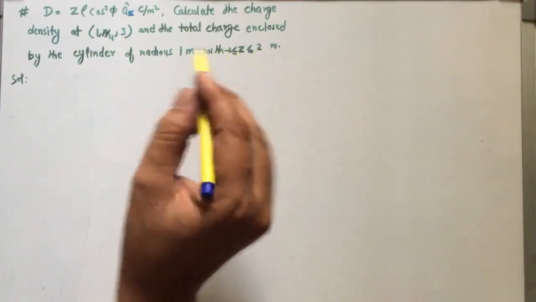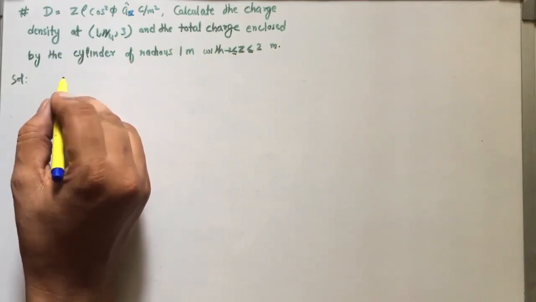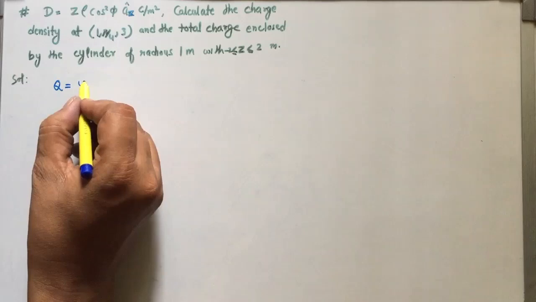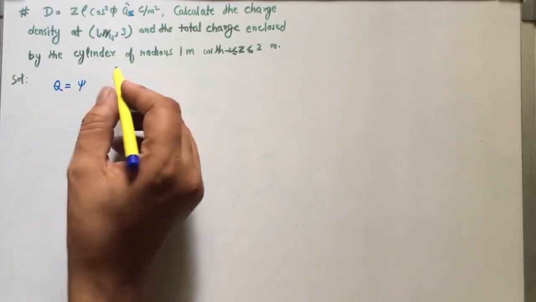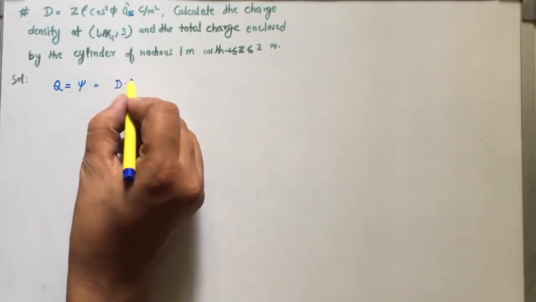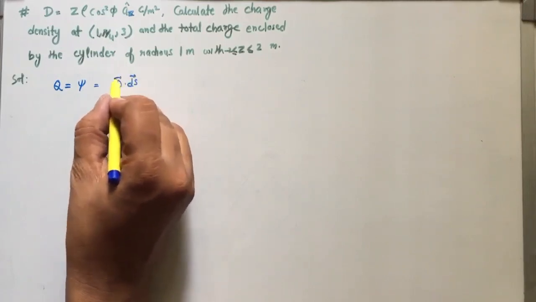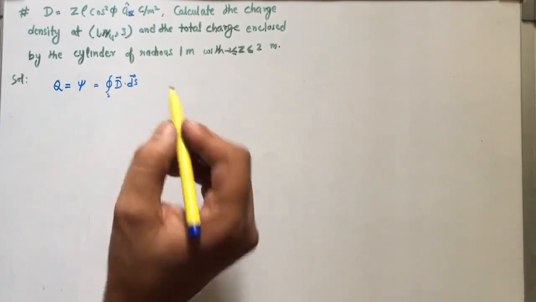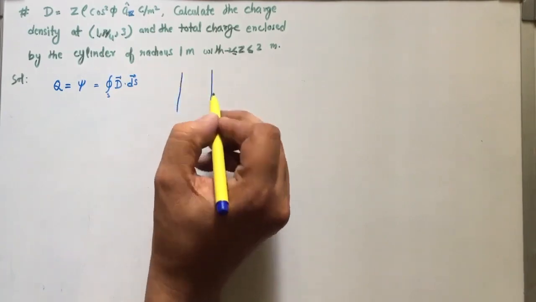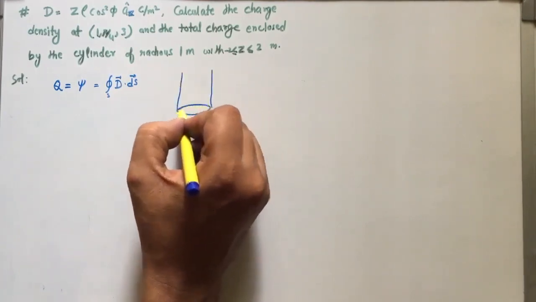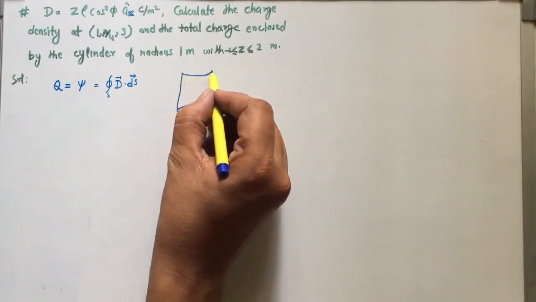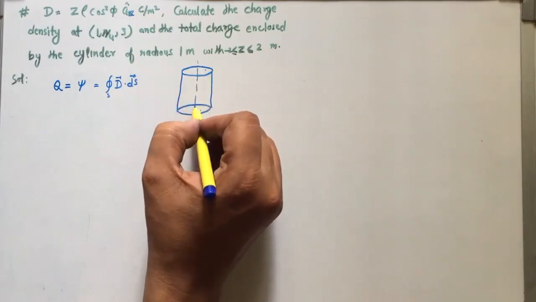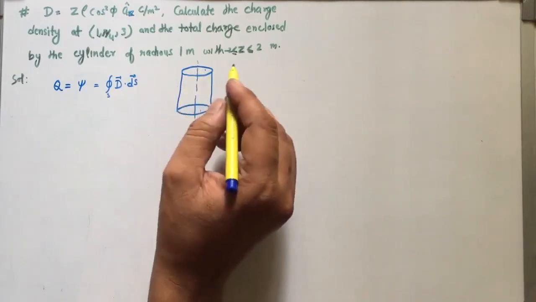So according to the Gauss theorem, the flux can be written as the charge enclosed, that is D dot dS. We know this for the full surface. As we are talking about the cylinder, the full surface includes the top surface, bottom surface, and the curved surface.